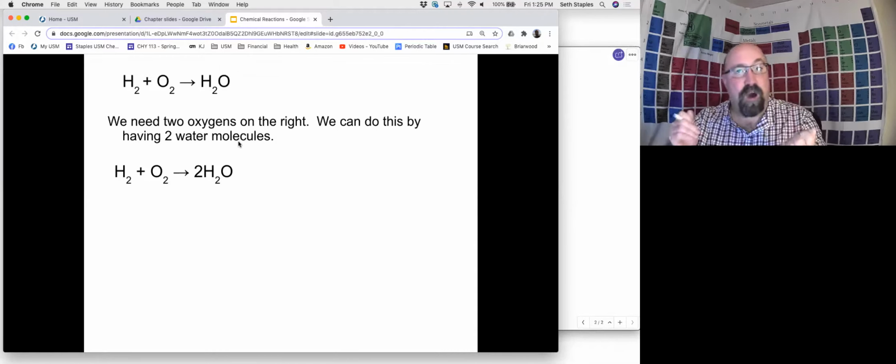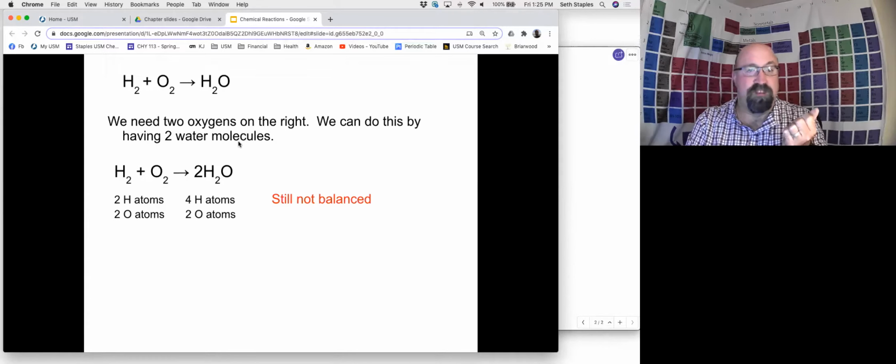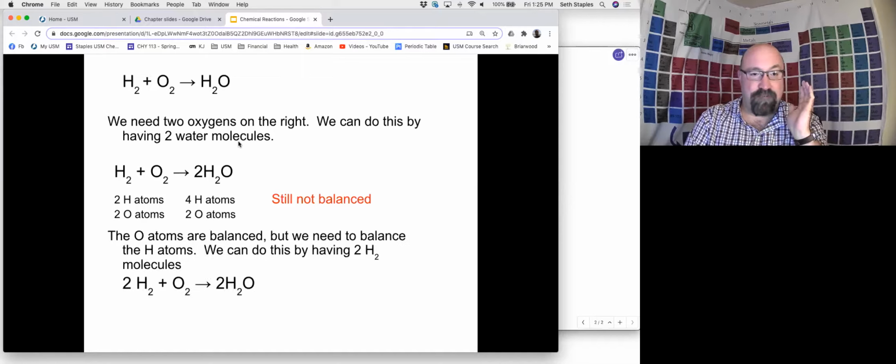Now we have 2 oxygens over in our product side. But we can see what this does for us. Now we have 4 hydrogen atoms in our product side and only have 2 in our reactant side. So we need to go back and fix our number of hydrogens. So we're going to say that we have 2 hydrogen molecules. Now our equation is balanced.